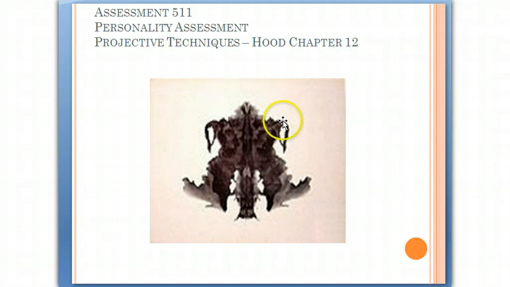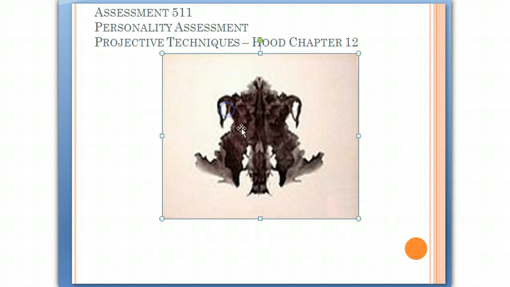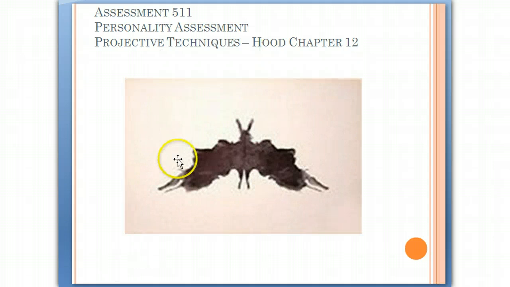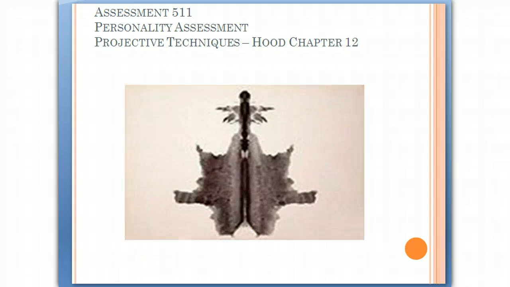So they had to determine the determinant, which feature or color led them to that conclusion. Is it the general shape, like the form, or does it have to do with color, for instance?